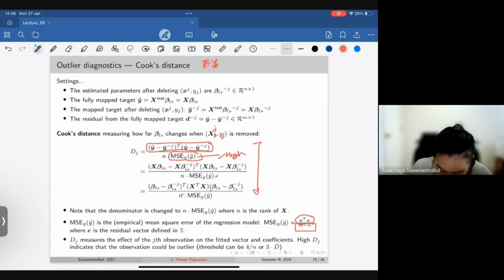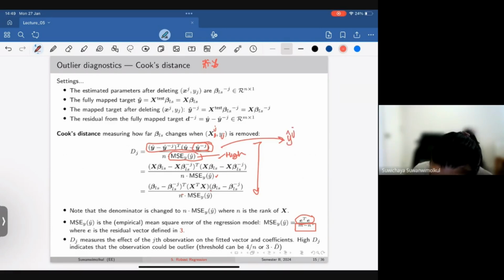And if our yj, I mean after we remove that outliers, somewhat turn out to be closer.